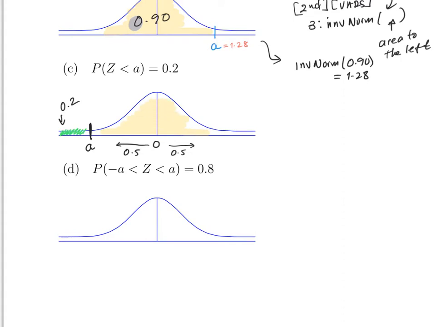But if this is 0.2, that means that this one has to be 0.8. And the only thing you have to keep in mind is that the answer is going to be negative.